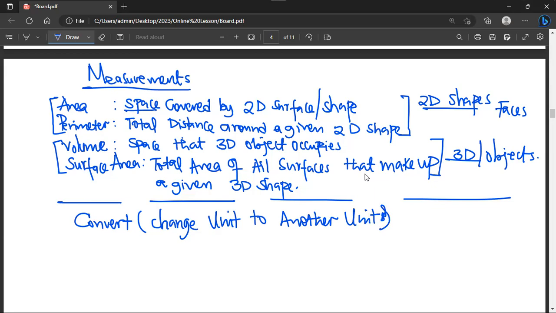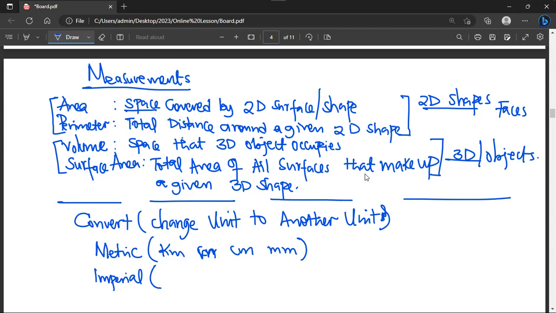Then we have two systems, where one is called the metric, and we have the imperial. For example, under distance or length, metric has kilometers, meters, centimeters and millimeters. This is length.